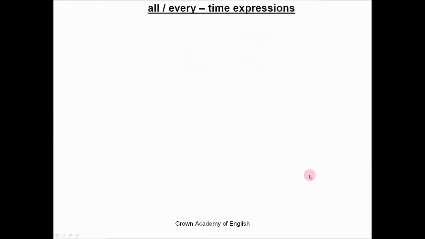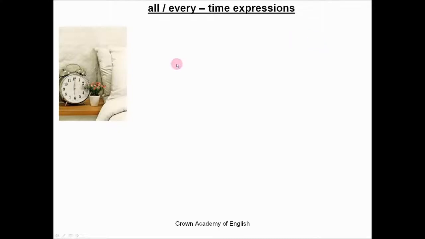And finally, a very, very common use of the word all and every is when we're talking about time and duration, okay, and regular events. So, for example, if we are talking about I wake up in the morning, okay, and I start work at 6 o'clock, for example.